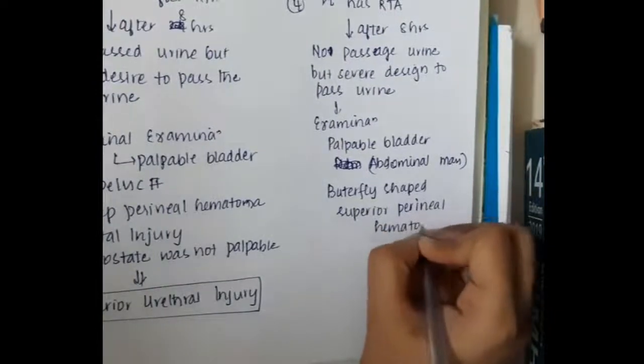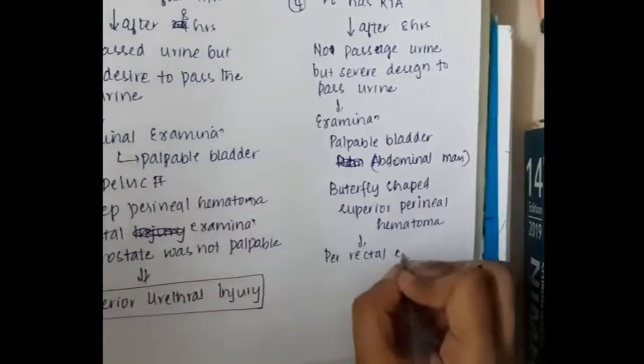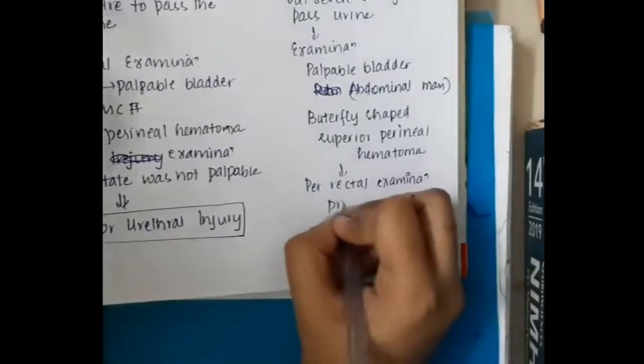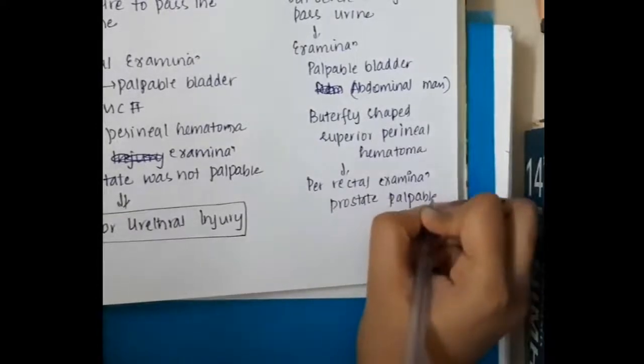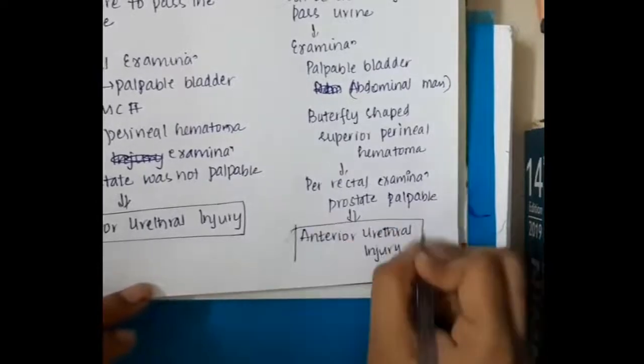On per rectal examination you will see the prostate is palpable. So this is anterior urethral injury, because the main features are butterfly shaped perineal hematoma and a palpable prostate on per rectal examination. All these are the main features suggesting anterior urethral injury. So this is important, right?